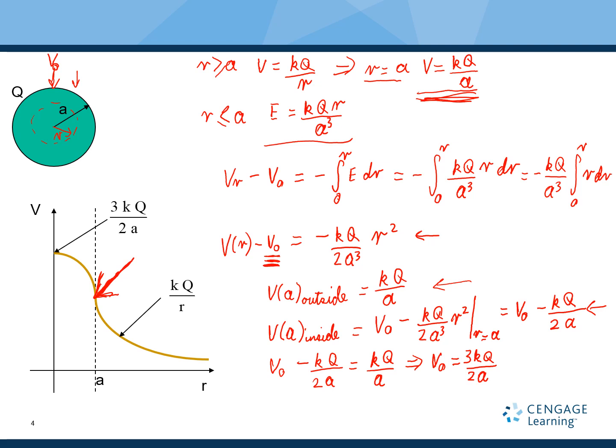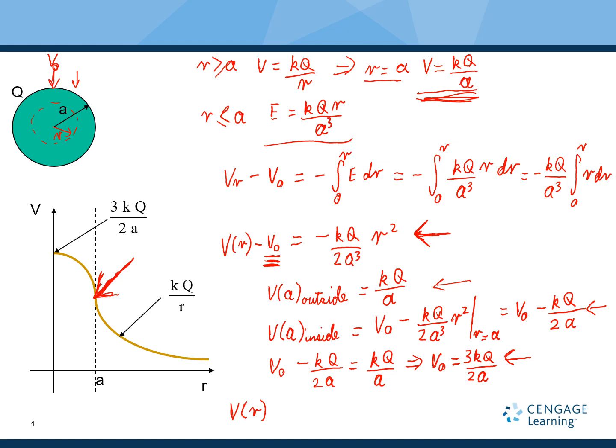So with this, we can go ahead and stick in our expression for V(r) for r less than a. We go ahead and use this equation that we've derived before, but we specialize it with the V0 that we have obtained in the previous equation.